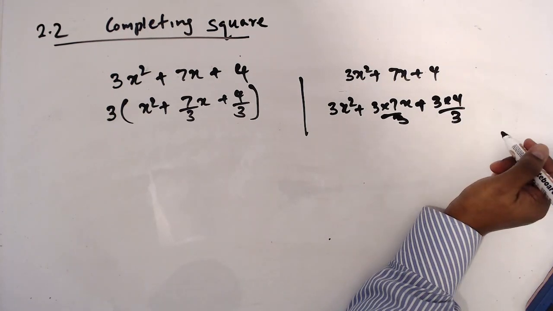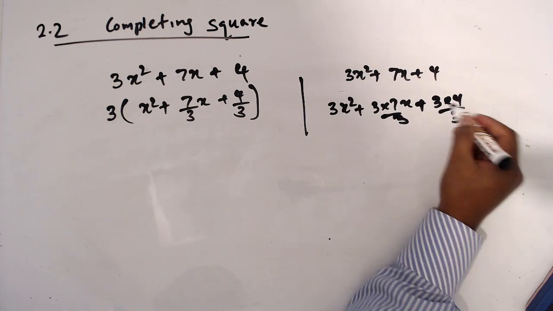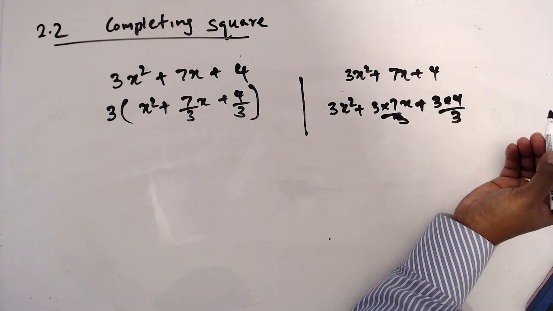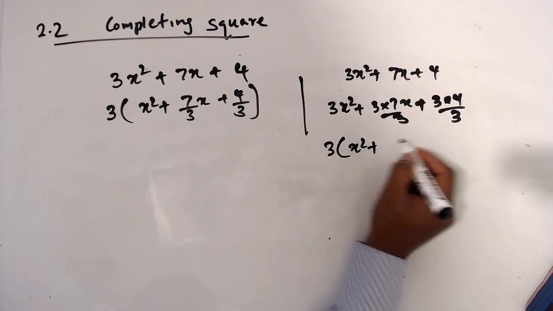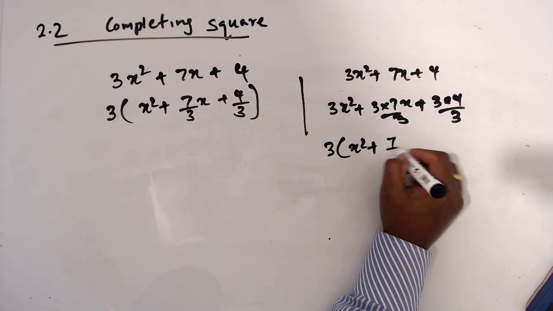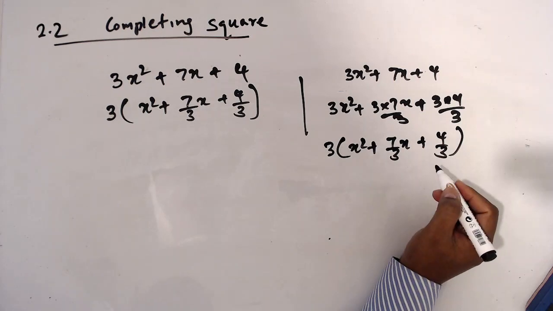So for the 4, I put 3 and divide by 3. Then I didn't do anything: 3 divided by 3 is 1, and 1 times 4 is still 4. I didn't make any change. Then I can take 3 out. So x square plus 7 over 3 x plus 4 over 3.